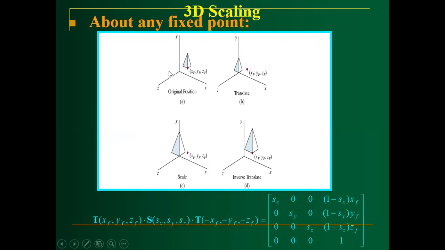You can scale about any fixed point, with your view parallel to the coordinate axis. So just translate, scale it, and go back to wherever you are. If you multiply all this, you'll get this equation. So this is the ultimate scaling equation for any fixed point.